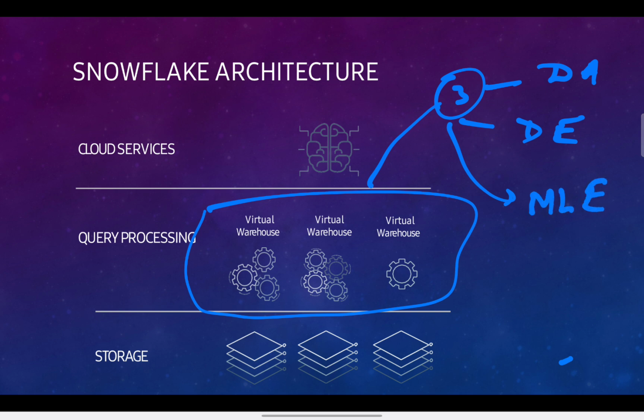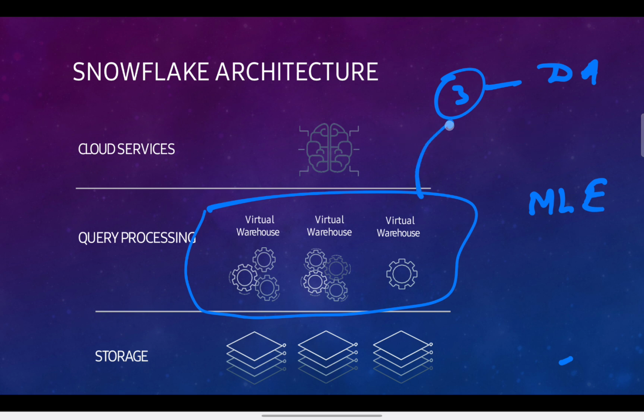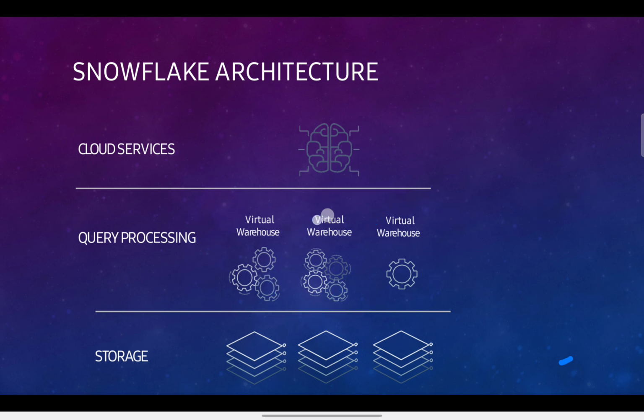The data engineer will do the ETL or ELT process, so he needs the least processing power, or initially he needs more. Later the data analyst will need a little bit, but machine learning will need more compute power. We can divide this because of the different virtual warehouses, so we can create the warehouses we need on the basis of our needs.